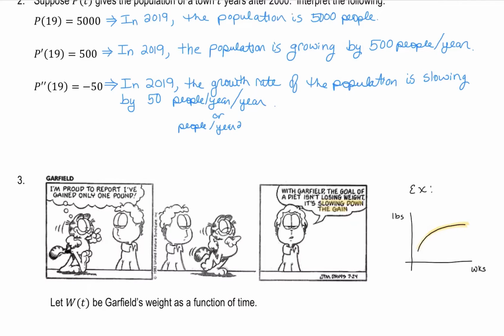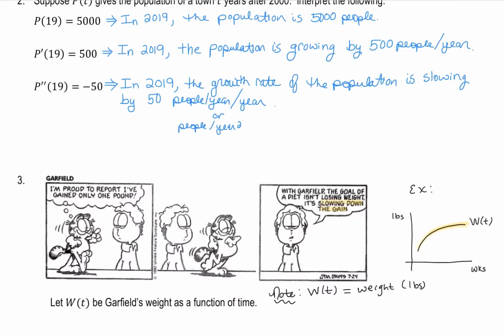So if you think about these functions, the original function, the first and the second derivative, let's note off to the side, before we try to interpret anything, that the original function is simply his weight at any point in time, labeled in pounds.